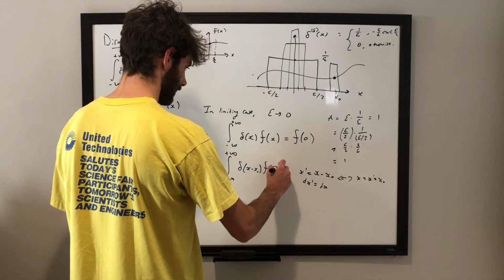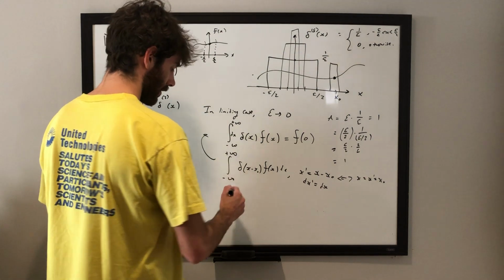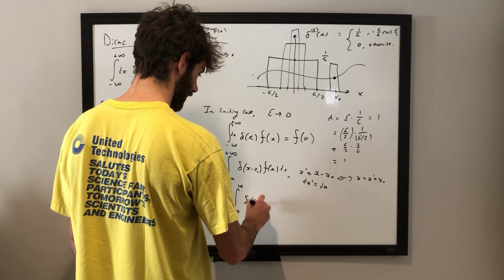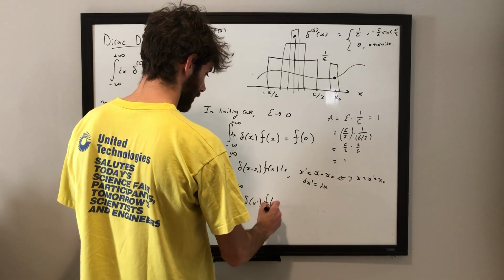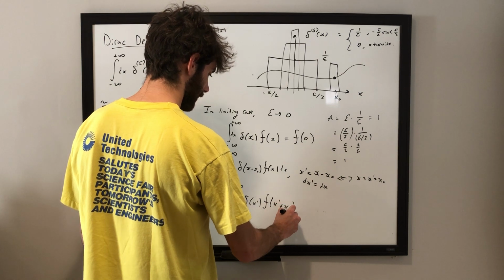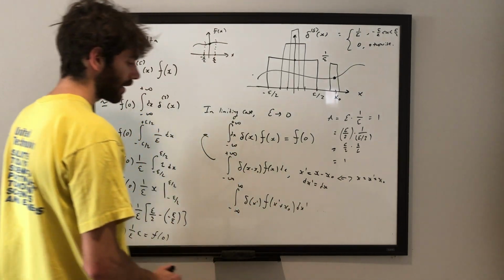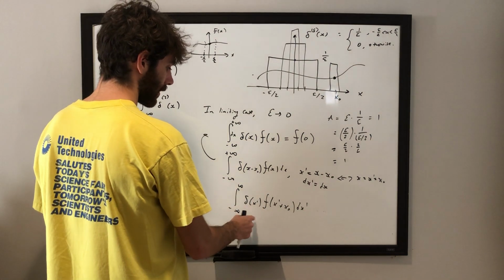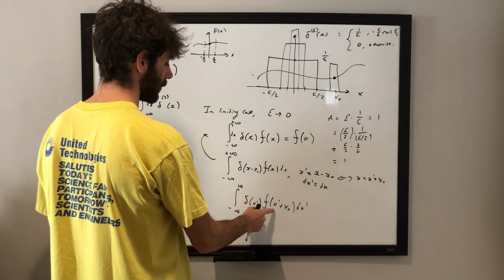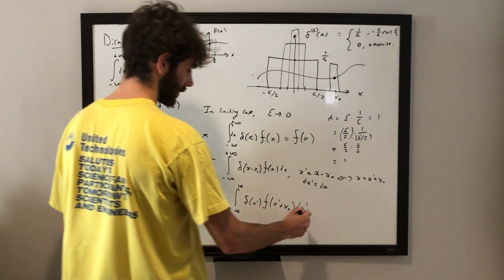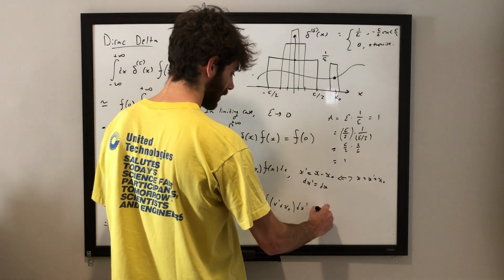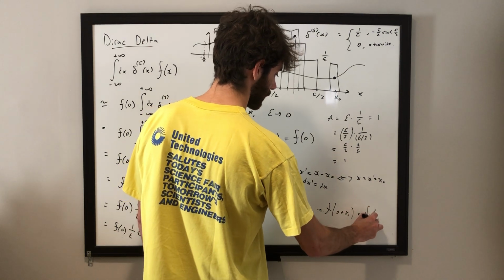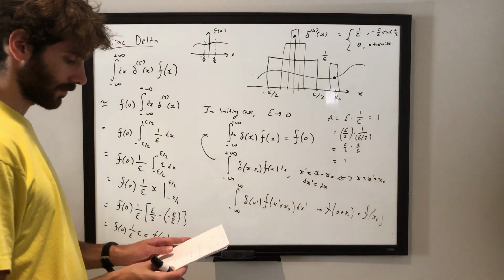So we get, there should be a dx here of course, delta x prime f of x prime plus x naught dx prime, okay? And if we just refer to the original formula, we get some function times a delta function. The integral collapses and we get the value of the function when x prime is 0. So in this case, when x prime becomes 0, we just get f of 0 plus x naught, or f of x naught. Okay.